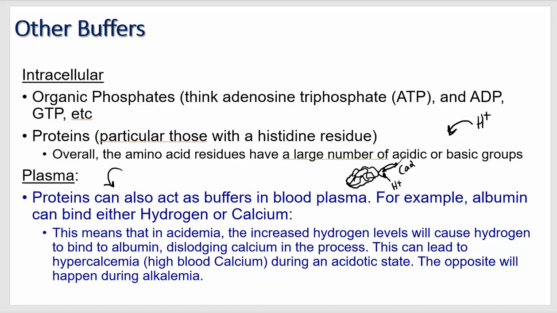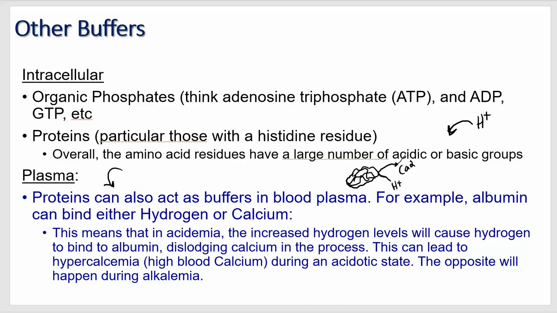So that's mainly what we talk about, the effect that hydrogen has on calcium levels. So during acidemia or acidosis, you may also see hypercalcemia, or high blood calcium levels. Okay, so this is a reminder with a specific example that everything's connected.